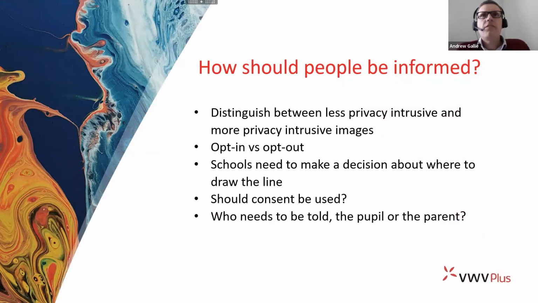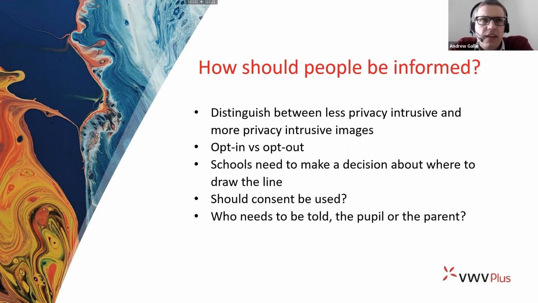Okay, so I mentioned the fundamental point here is that you've got to be really transparent with people about how their data is used in relation to photographs and videos. And so how would you approach this? Well, the approach that we've taken is to first distinguish between less privacy intrusive and more privacy intrusive images.